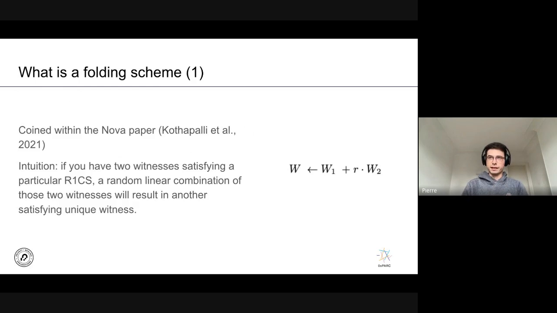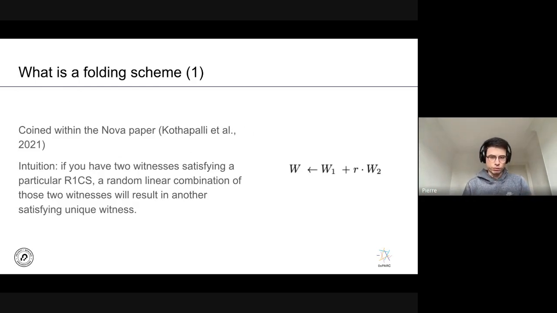It's the main insight that was proposed by the paper, which is that if you have two satisfying witnesses for a specific R1CS instance, then a linear combination of those two witnesses would also satisfy this same R1CS instance. Theoretically, of course, because we need to make adjustments to that. It does not work straight out of the box, but I'm going to walk you through what you have to do to make this possible.